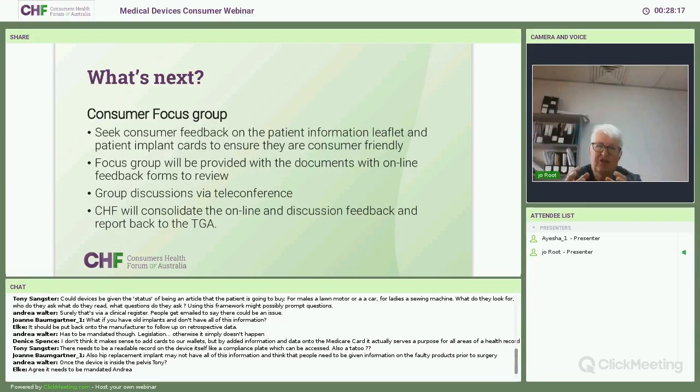So we'll say, what do you think? How will this go? What do you think will work here? We'll then iterate that a couple of times, get people's feedback. It'll all be online, or by teleconference. It's not a face-to-face workshop, but a face-to-face group. And we will take all the feedback and come up with a version that takes account of the feedback, but we will also provide the feedback to the TGA.